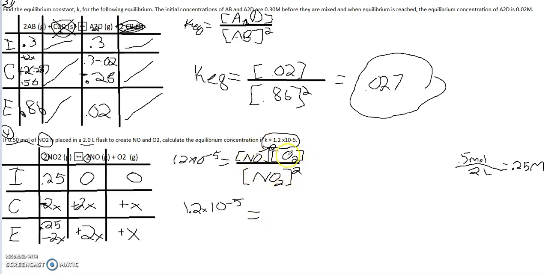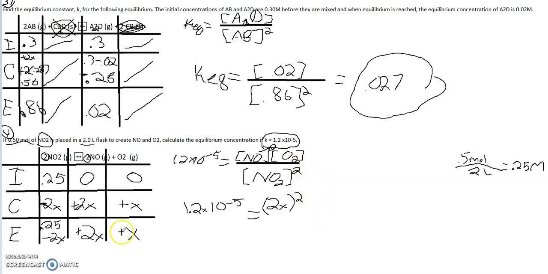So your NO concentration, if you go to that column, you go all the way down to equilibrium, that is 2x. And we are going to raise that to the power of 2 because up in our roadmap expression, we did that up here.